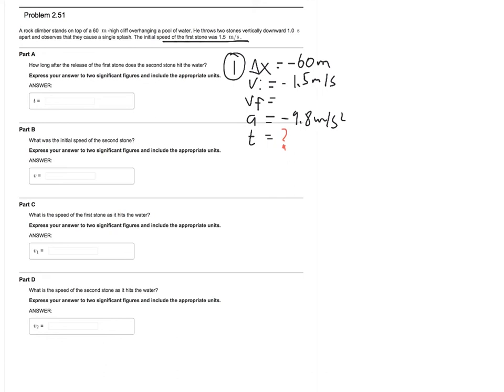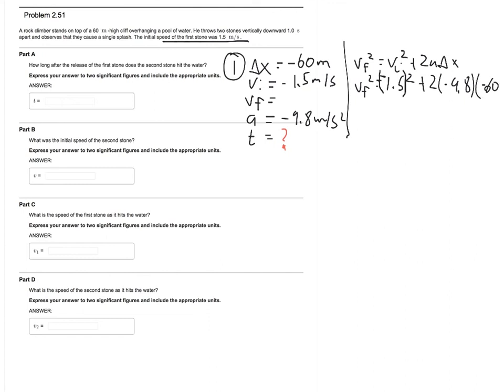Okay, so I'm going to do the same thing I did in the last problem. I could go ahead and find time directly, but that would require the quadratic, so I'm going to first solve for my final velocity. So we're going to end up with VF squared equals 1.5 squared plus 2 times negative 9.8 times negative 60.